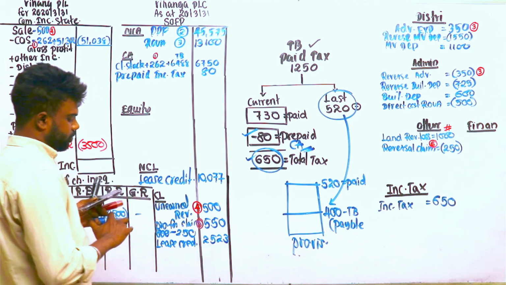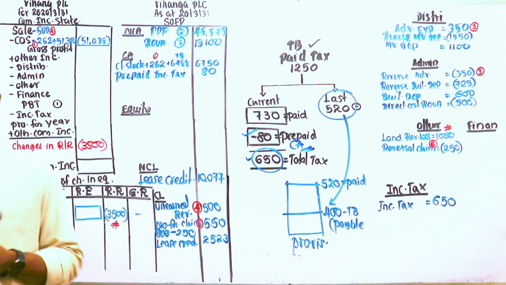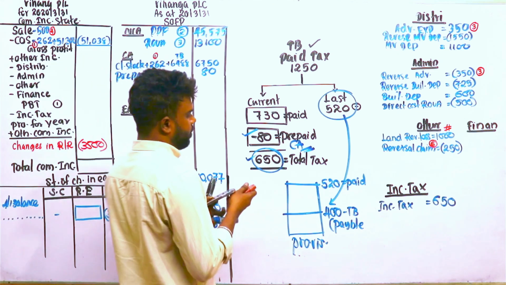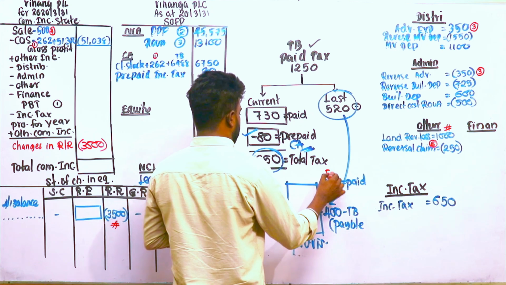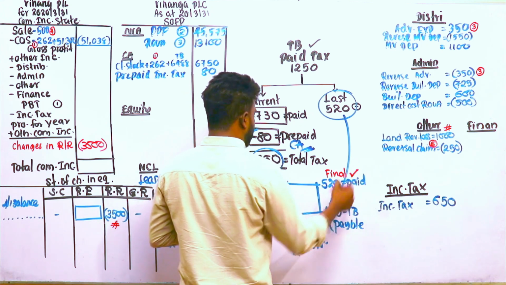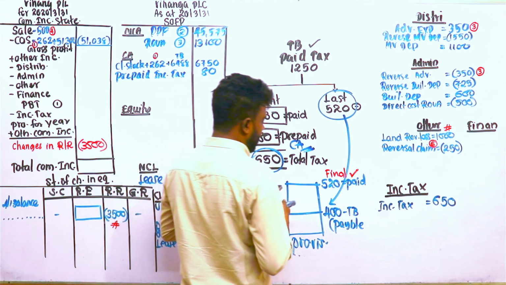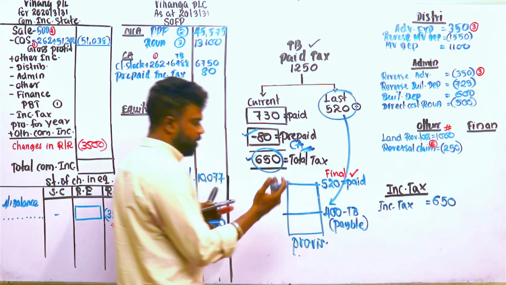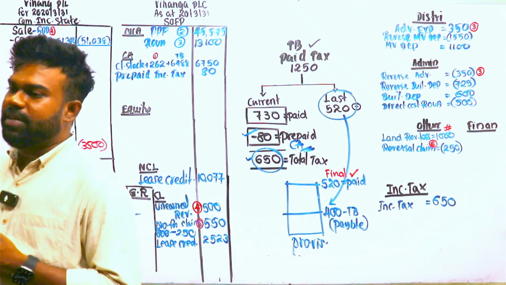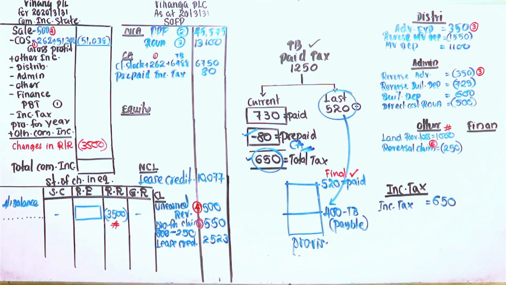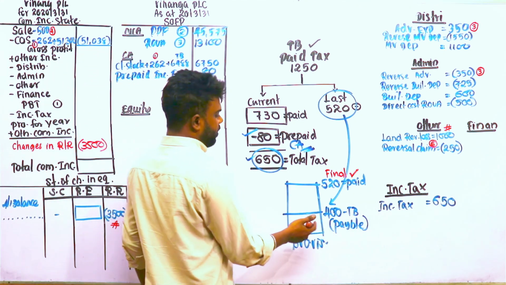Clear? 520. Therefore, this is the actual final tax for last year. But the recorded payable balance was how much? 400. Compare the payable balance with the paid amount. Under payables or over payables? Under payables, there is a deficit.